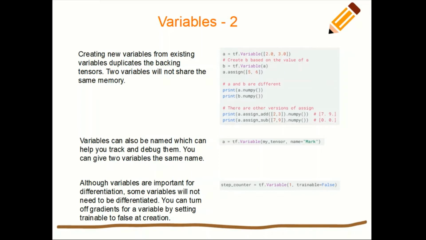Specific layers we do not want to change, so we set those variables as trainable equal to false, and they will not change. The rest of the layers associated with the outer layers can change.